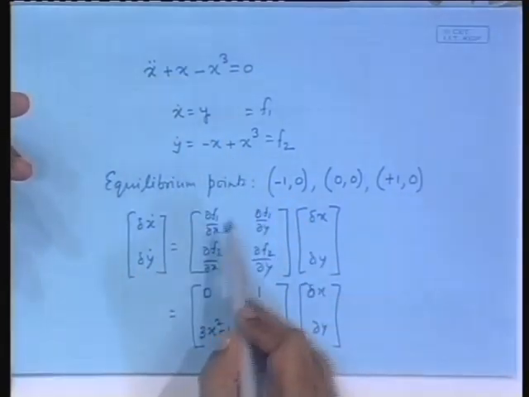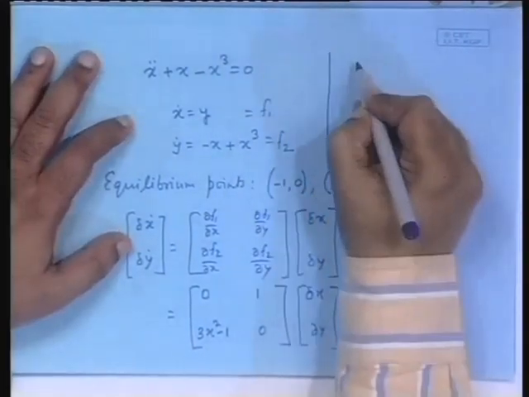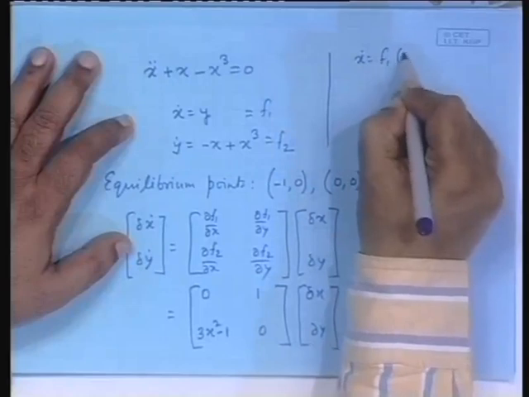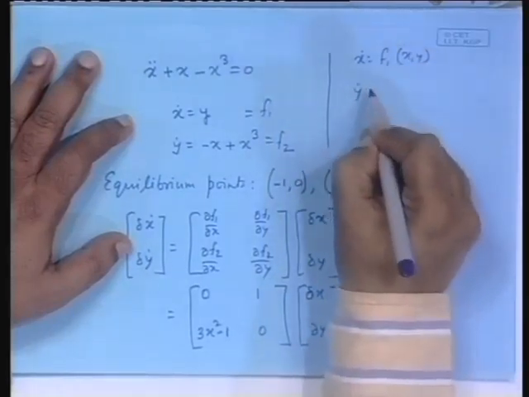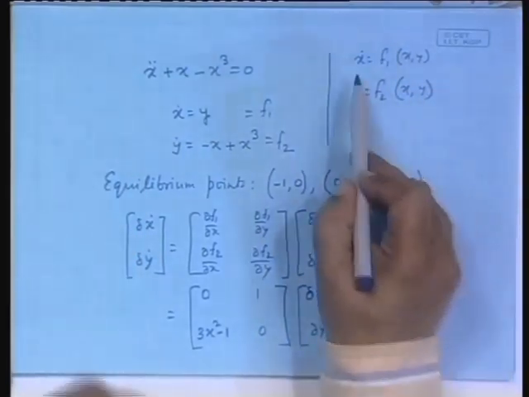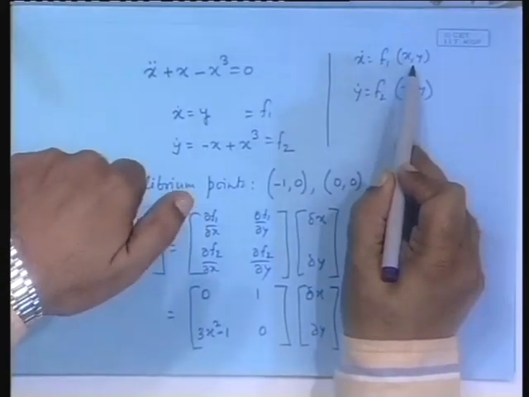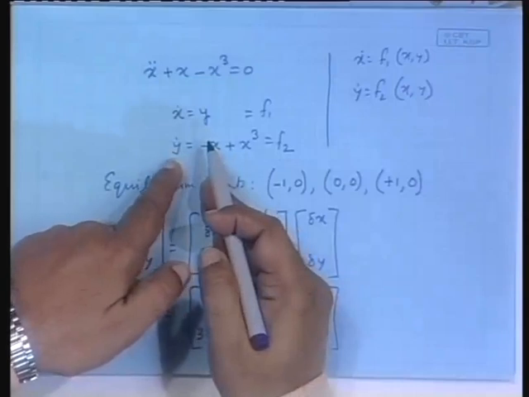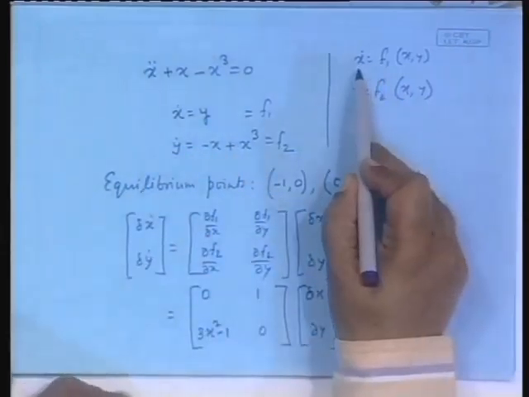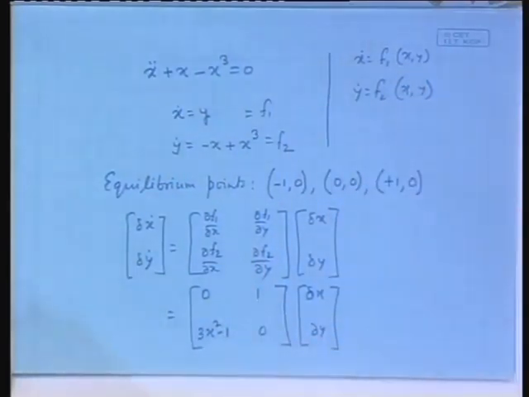In general you would write that x dot is equal to F1 of x, y and y dot is another function of x, y. This answers the question how x changes with time, x dot, and that is given by the specific position in the state space x and y. Now, it so happens for this particular system that x dot does not depend on x, but depends on y. So, it comes as 0.